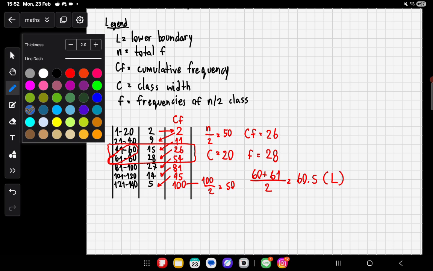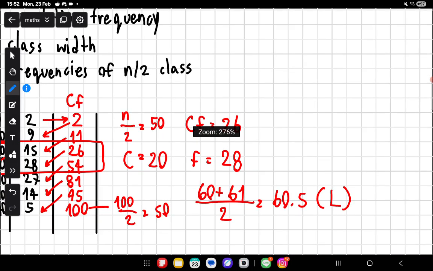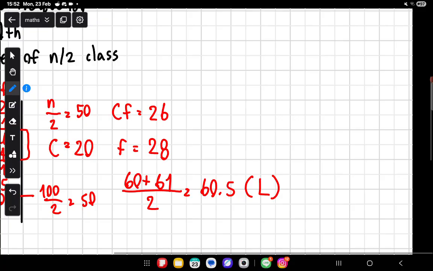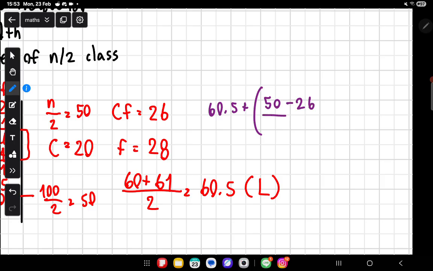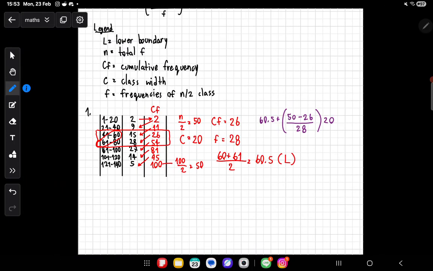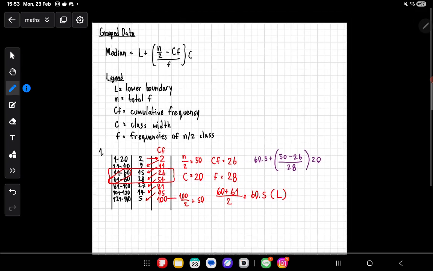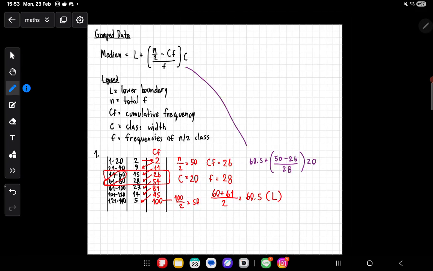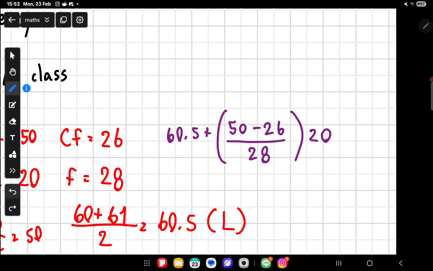Now for the final calculation, I will switch to a purple color. So we now have this information that we can use. First, 60.5 plus 50 minus 26 divided by 28. Close the bracket and 20. And that's going to be exactly like the formula that I told you about.